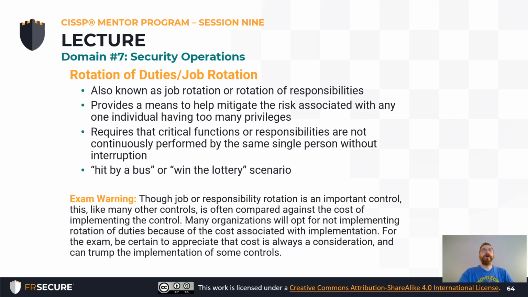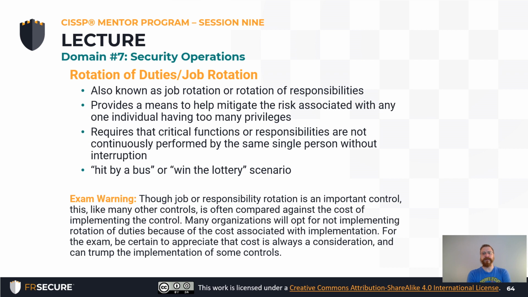All right. Exam warning on this. You want to make sure you understand it, and we'll go through it here. Rotation of duties, or job rotation, is making sure that you don't have one person with too much, and also that one person isn't the only one who knows it.